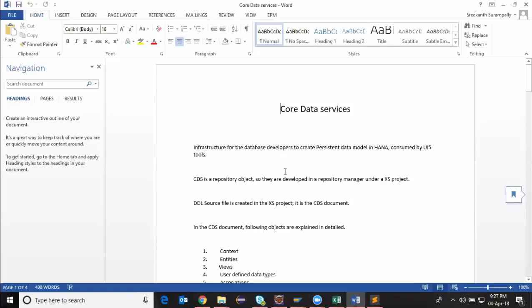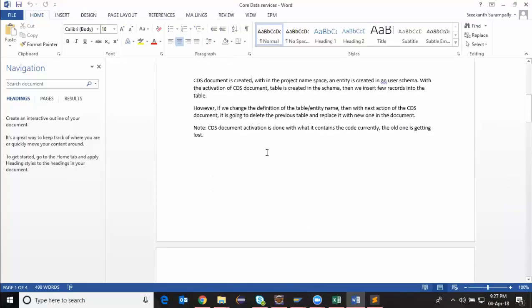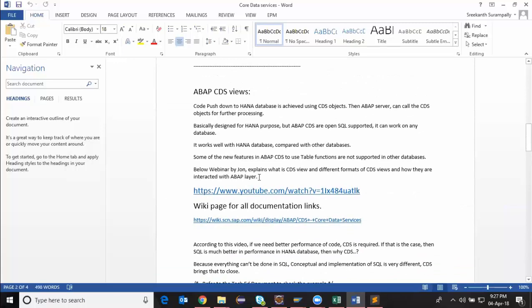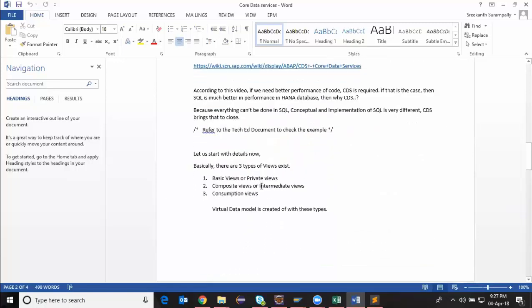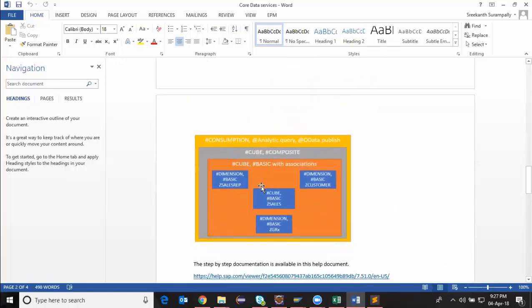This is the document, a Word document I'm bringing in. There's some information here. See, this is the virtual data model, which has basic, intermediate, and consumption views. Basic views will be directly hitting the database table.